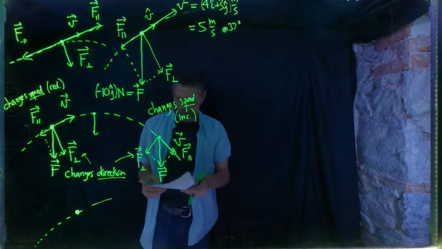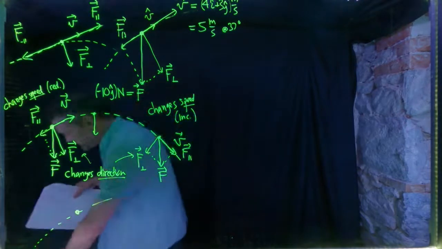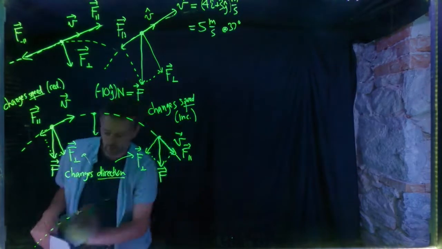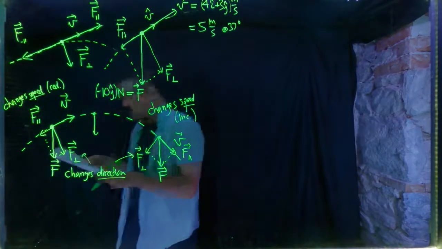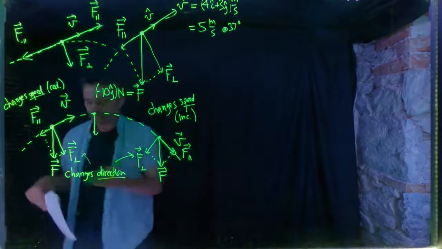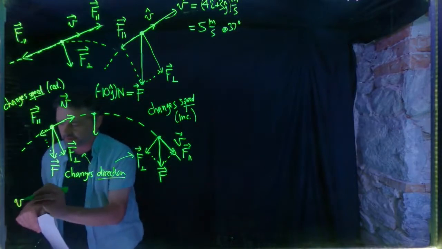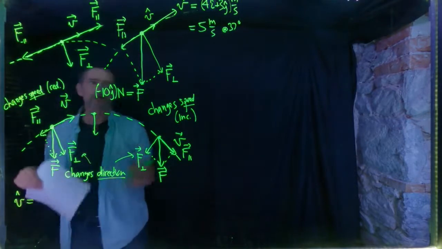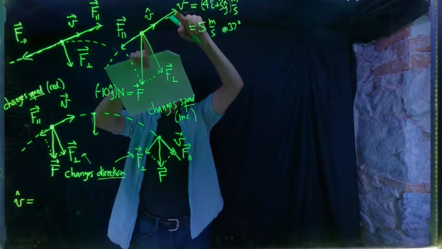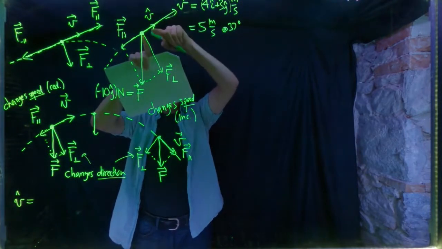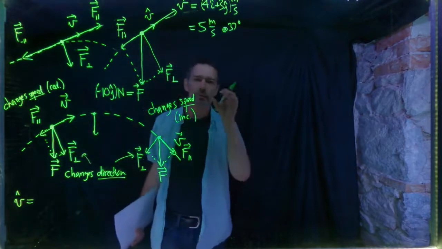Okay? And so the way that you do that, and maybe I'll do this down here, make use of the space here because we're kind of limited. So we define v hat. How would we sensibly do this? Well, we would take the vector v and divide by its magnitude, or multiply by 1 over its magnitude.